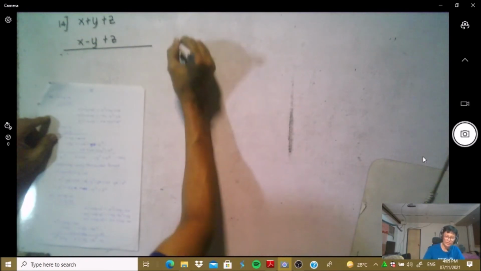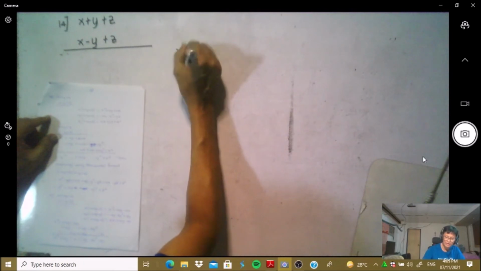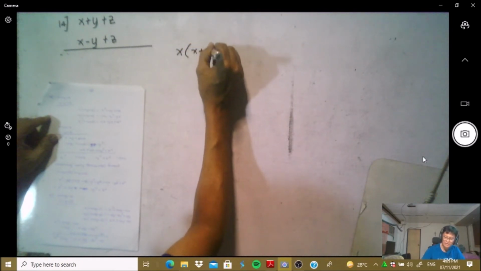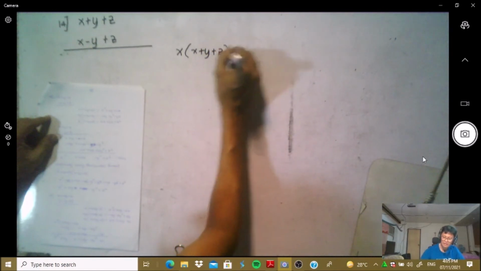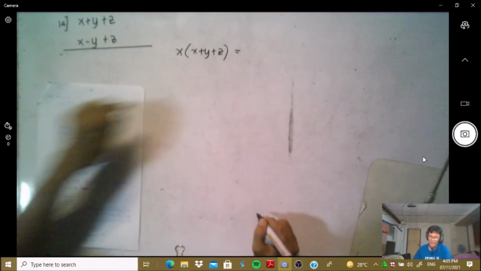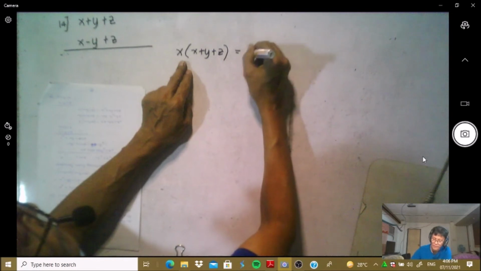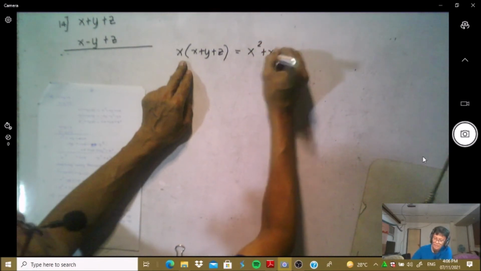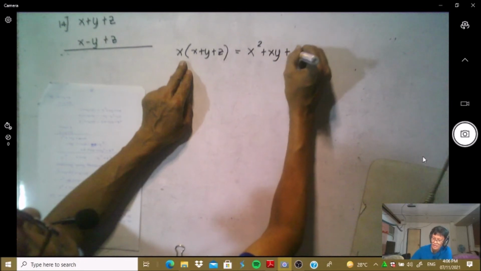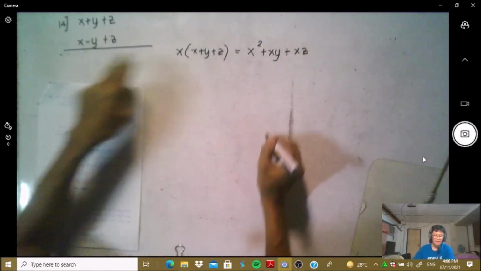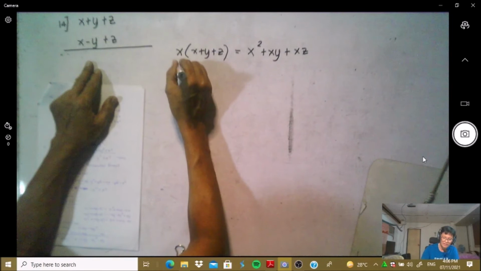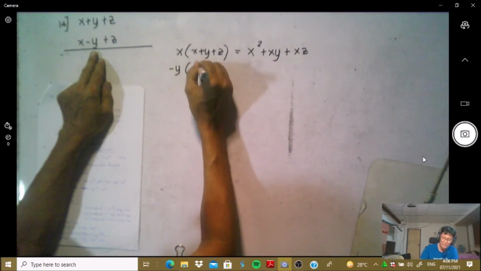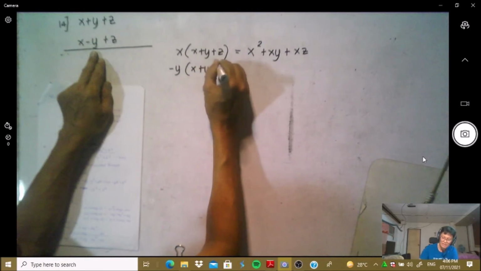So let's multiply first x with x plus y plus z. Expand. Let's expand. We have x squared plus xy plus xz. Next, we have negative y here, negative y to be multiplied to x plus y plus z.